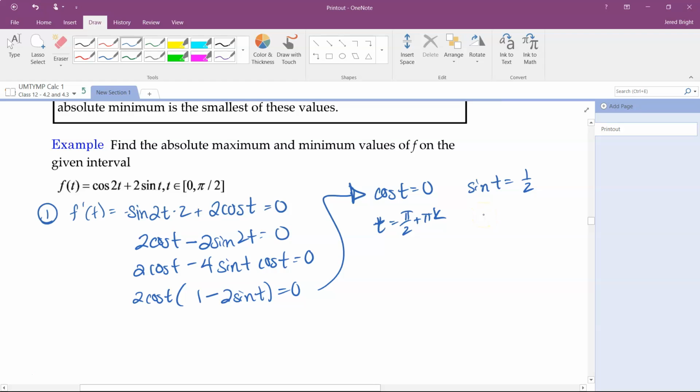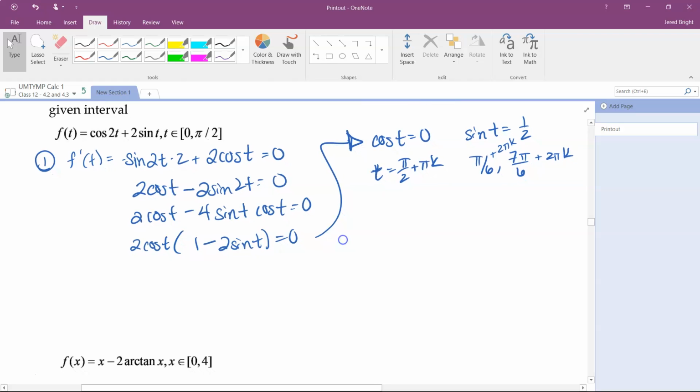And then the next ones would be pi over 6 and 7 pi over 6, each plus 2 pi k. Now I haven't taken into account the interval yet, so that will force our hand a little bit.